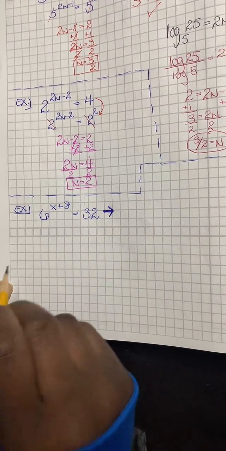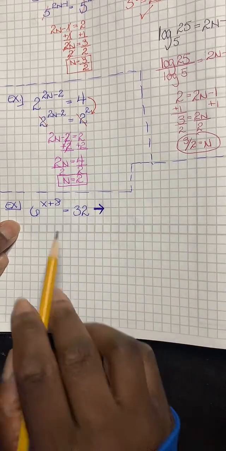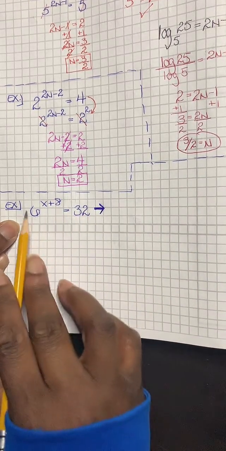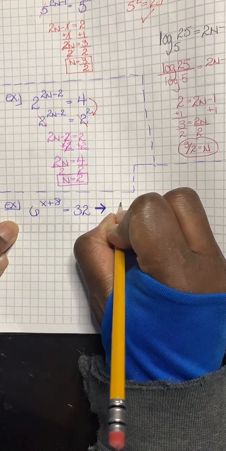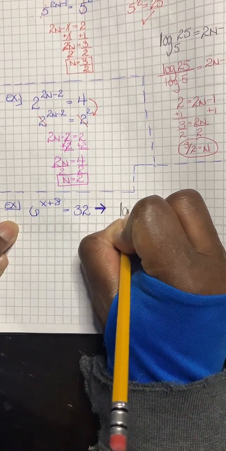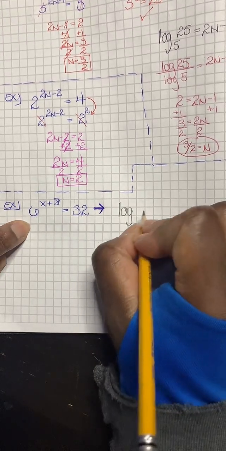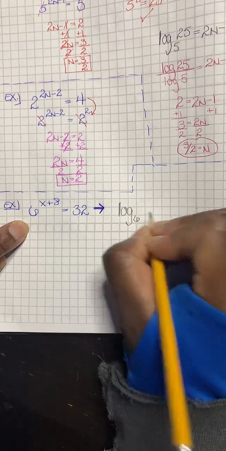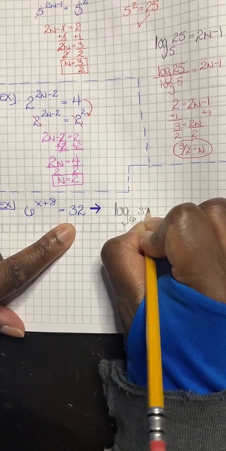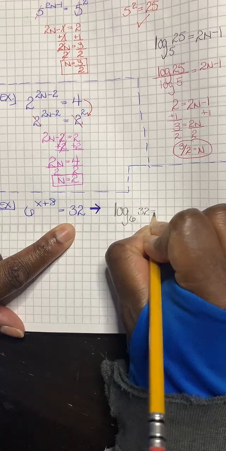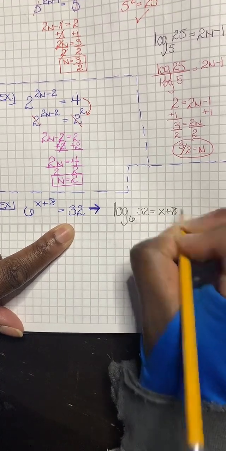So what most people will do is go from an exponential to a log. Remember, when you do your log, you have your base, which is 6, your result, which is 32, equal to your exponent, which is x plus 8.